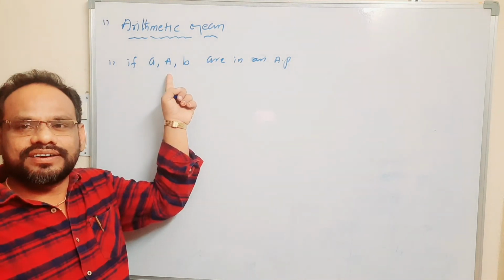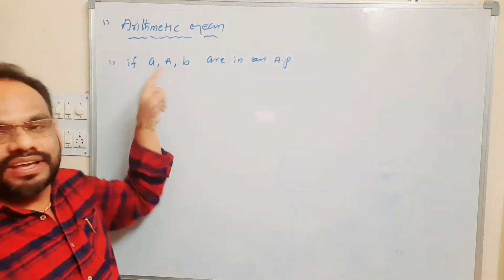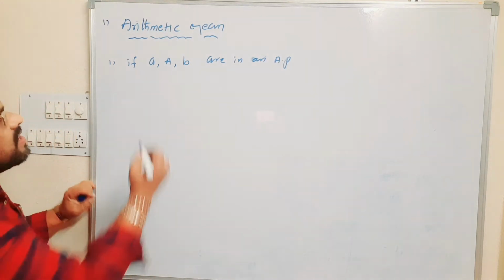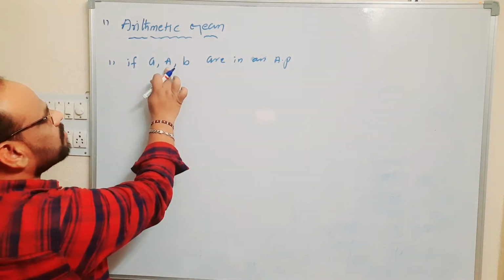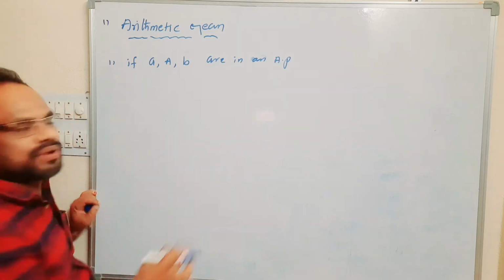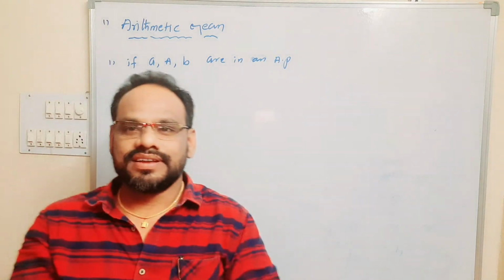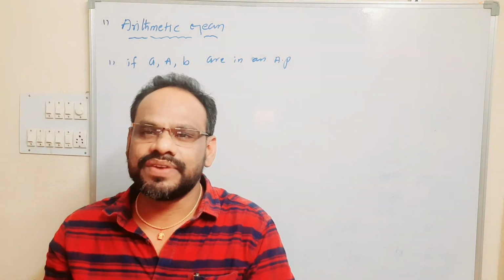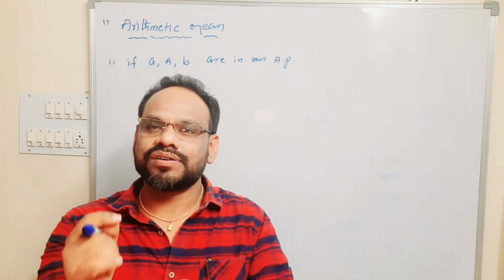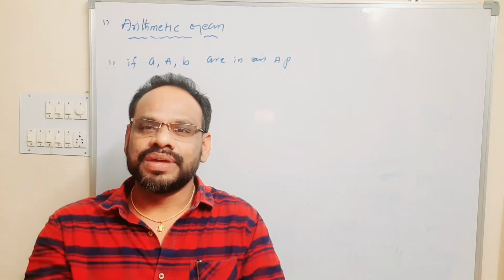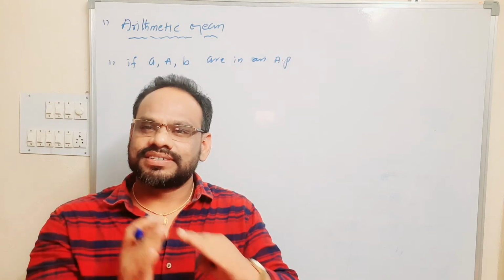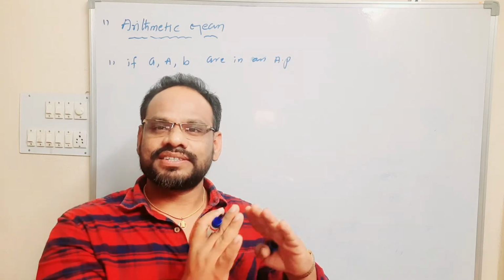How to calculate the arithmetic mean between any two numbers? We know that a, A, b are in arithmetic progression. In an arithmetic progression, the difference between any two consecutive terms is always the same. That is nothing but T2 minus T1 is equal to T3 minus T2.